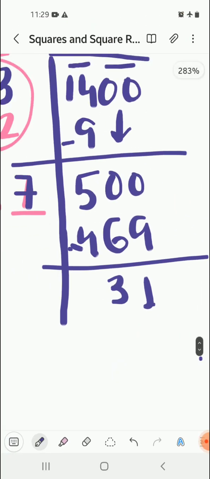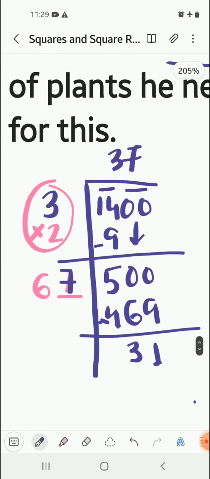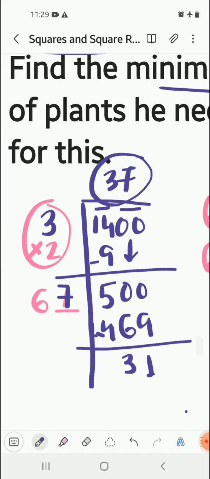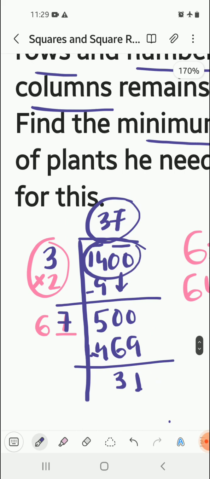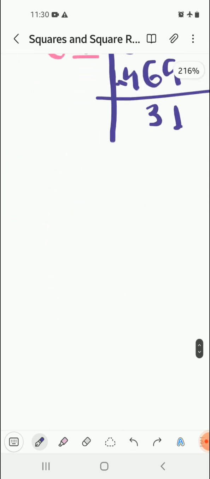Now this means that 37 square is definitely not 1400 because it leaves 31 as a remainder. So we have to move to the other number, that is the number after 37, that is 38. Therefore 38 is the number we are looking for.